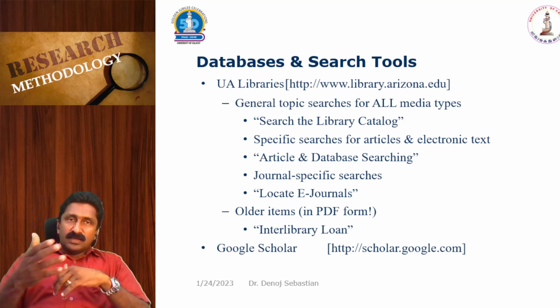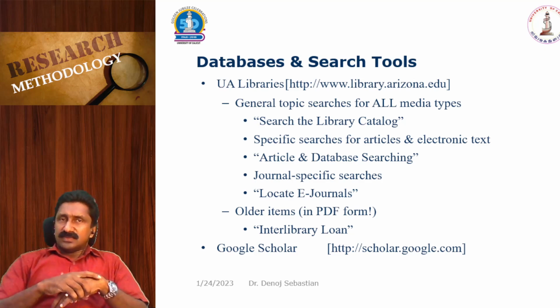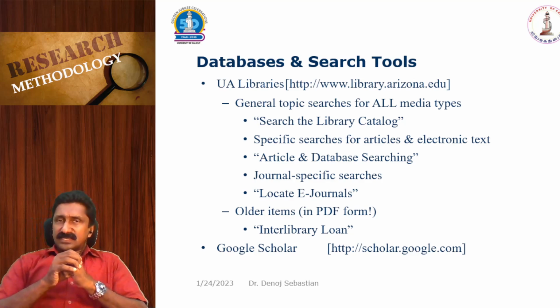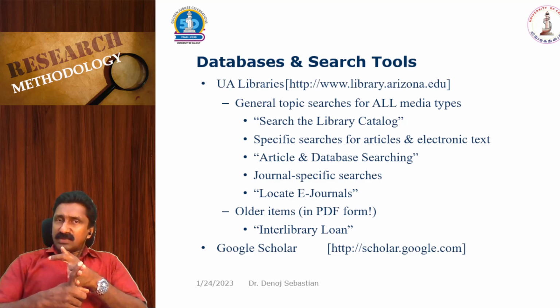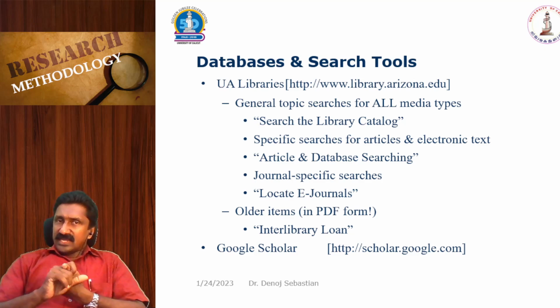Now, databases and search tools. There are some libraries with general topic searches for all media types, like searching the library catalog, specific searches for articles and electronic text, then article and database searching, journal specific searching, and locating e-journals.